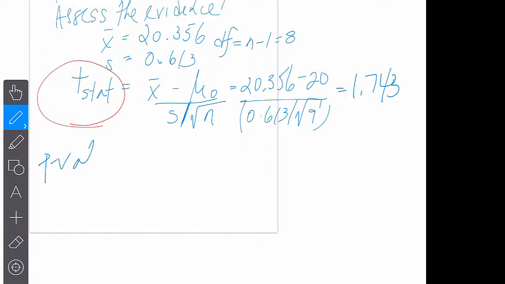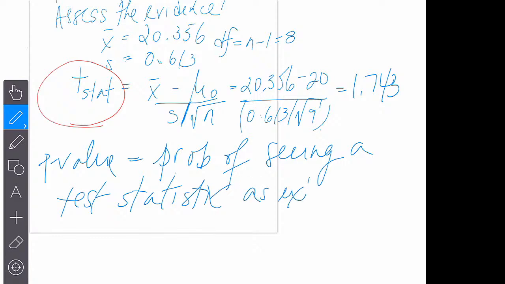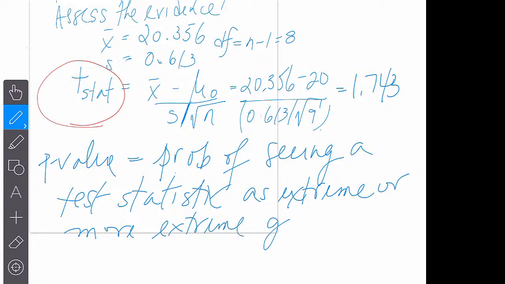is the probability of seeing a test statistic as extreme or more extreme given H not true.